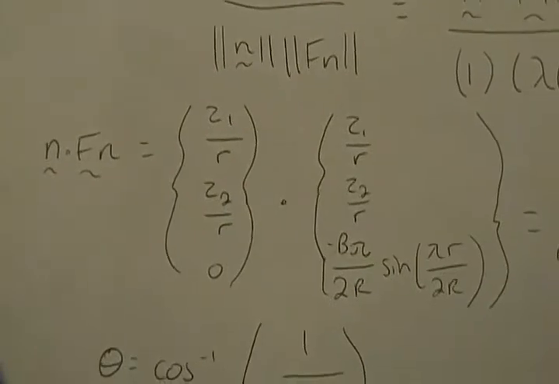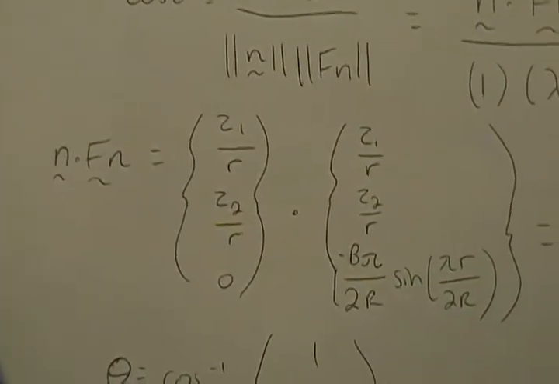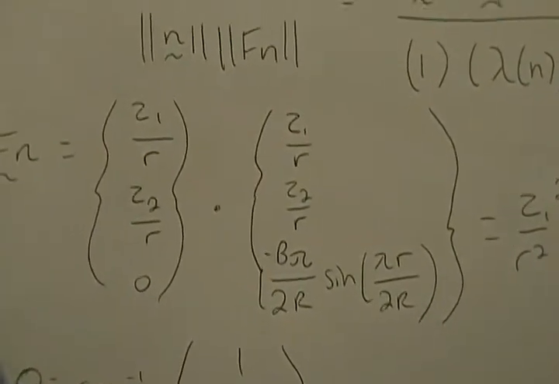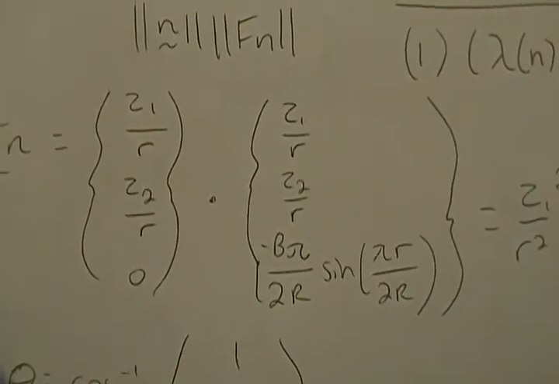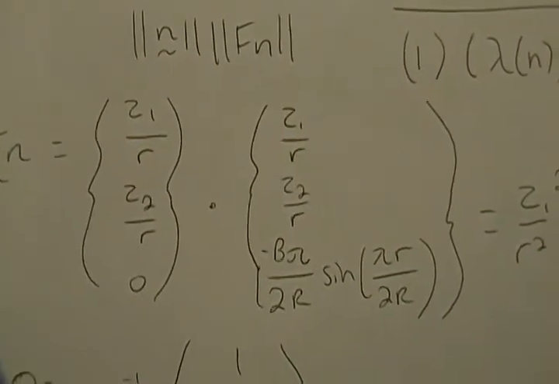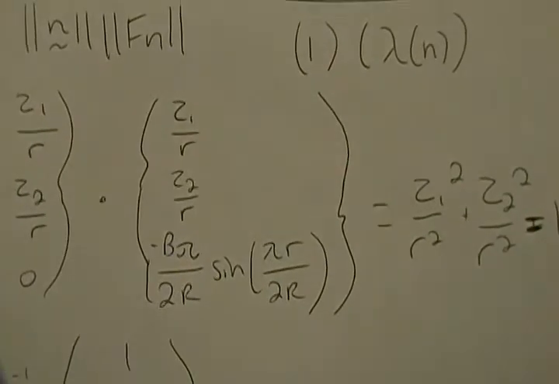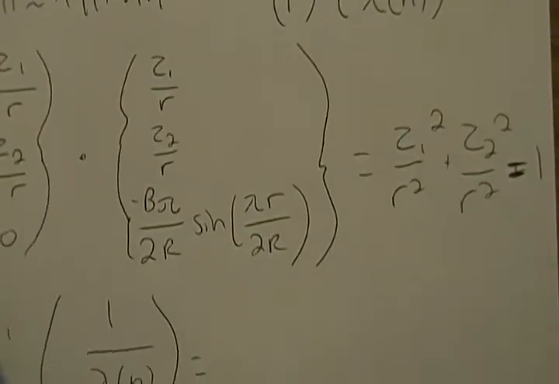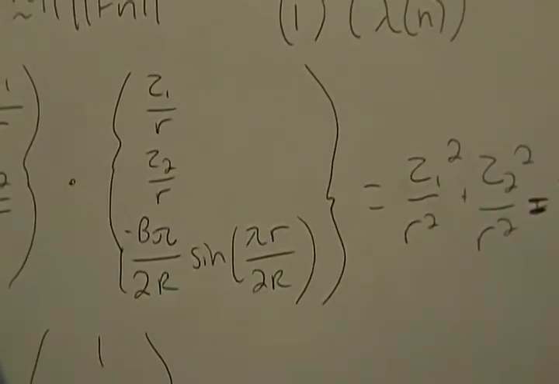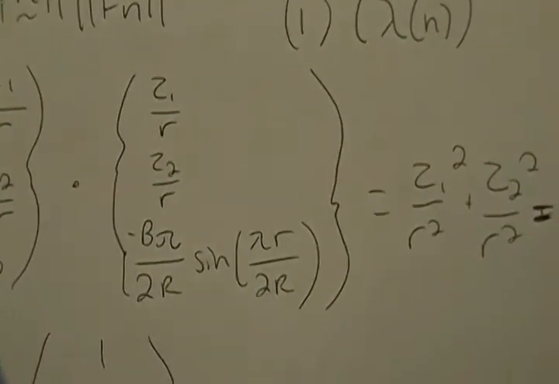We then solve for the dot product of n dot Fn, which is zeta 1 over r, zeta 2 over r, 0, dot product zeta 1 over r, zeta 2 over r, minus beta pi over 2r sine of pi r over 2r.